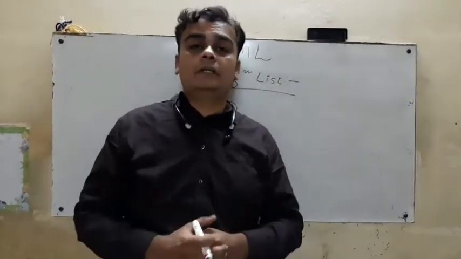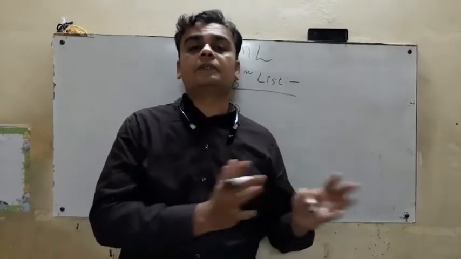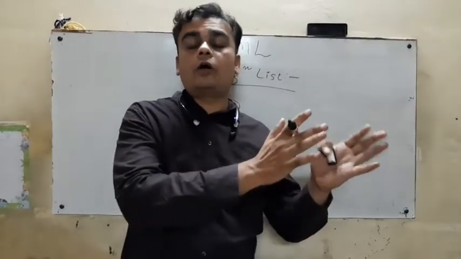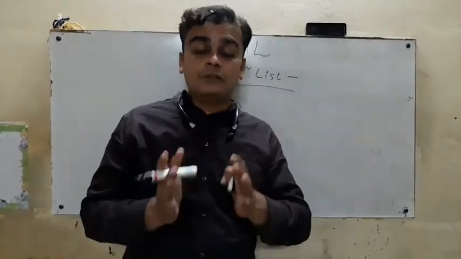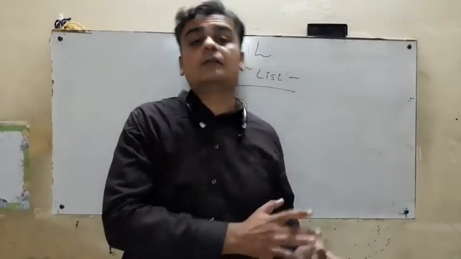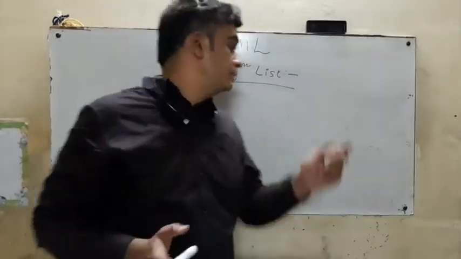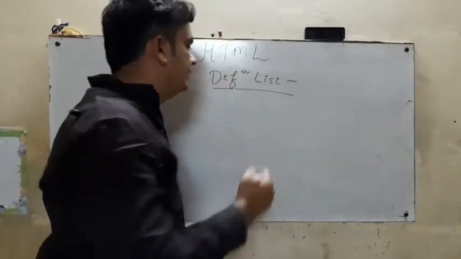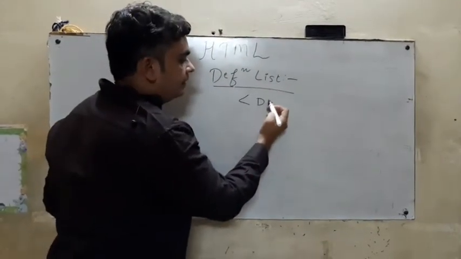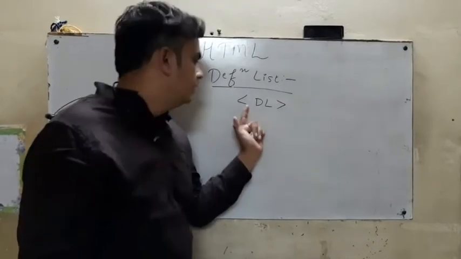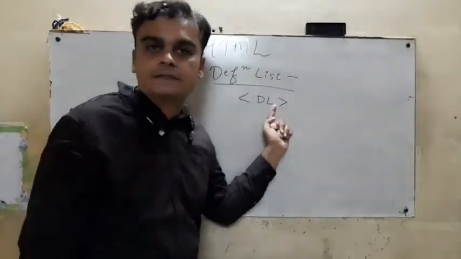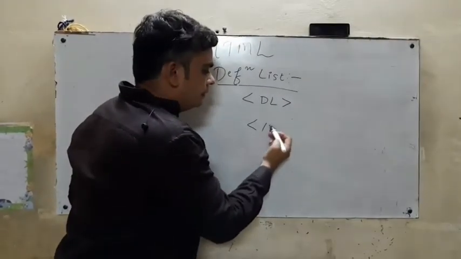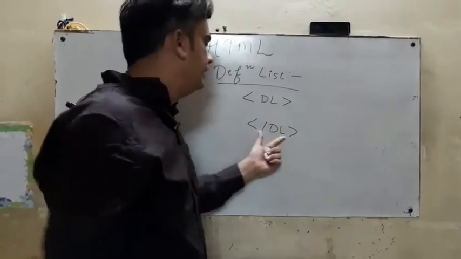Suppose I'm going to create an information-based web page that consists of a list of the definitions used in computer science paper 1, computer science paper 2. In that case, which tag am I using? The definition list tag, which is represented by the tag DL. DL represents definition list, and it is also a pair tag, so it is closed by /DL.